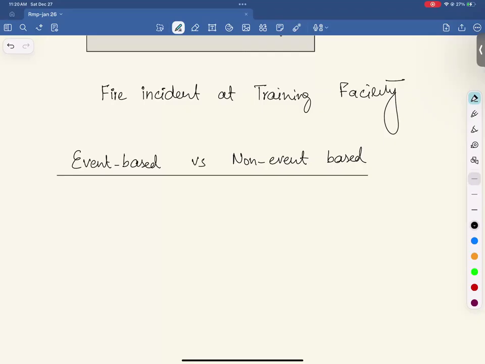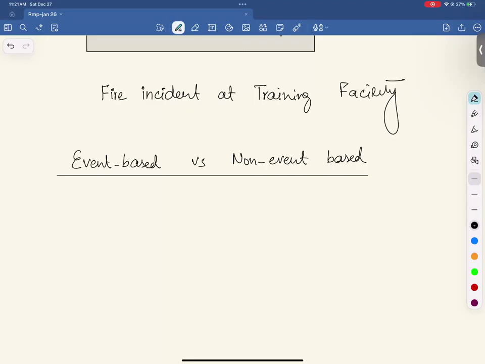No. There's a different concept here for event and non-event. Can we take event as our project? This is related to the activities of stakeholders which are related to our event or our project.